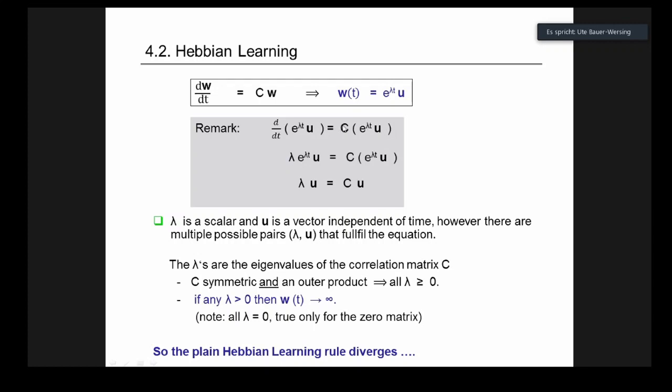On the right-hand side, we have C times the exponential function of lambda t times u. You will easily recognize that you have a redundant factor, this exponential function. If you get rid of it, you end up with the equation lambda u equals C u. And who recognizes this expression?